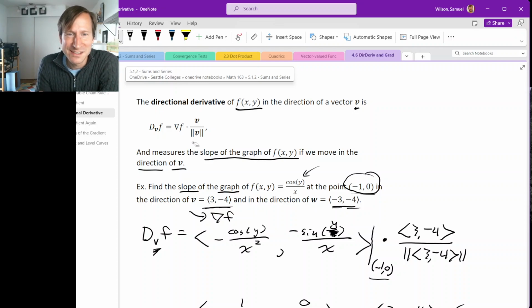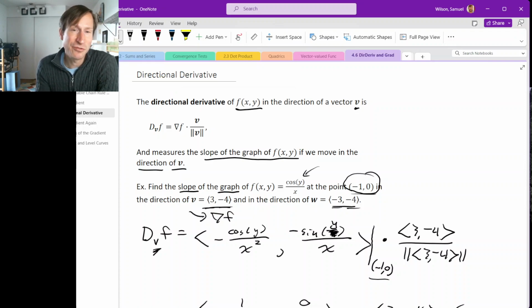So by dividing by the magnitude, we're only keeping the direction in which we are traveling, and so we extract geometric information about the graph of f in that direction. That's what we're calling the directional derivative.